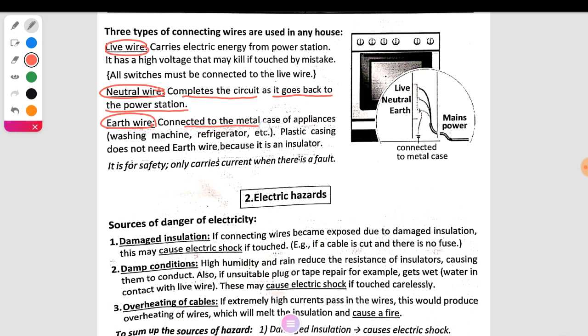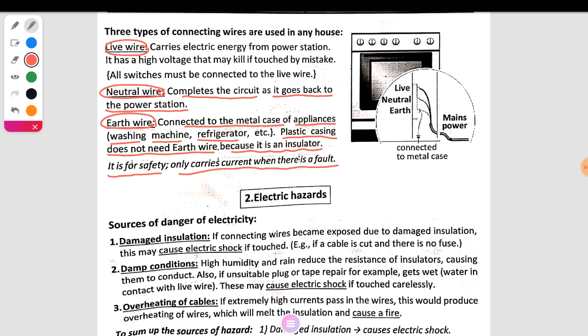It is connected with the metal case of appliances, washing machines, refrigerators, etc. Plastic casing does not need an earth wire because it is an insulating material. It is for safety, and only carries current when there is a fault.